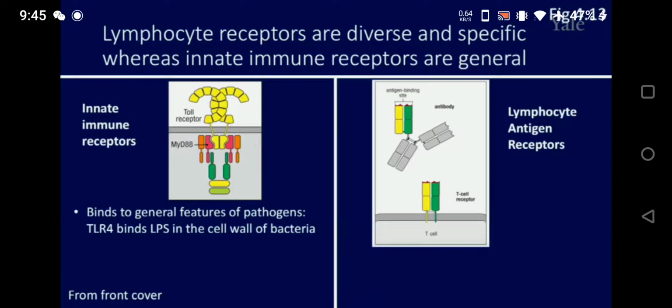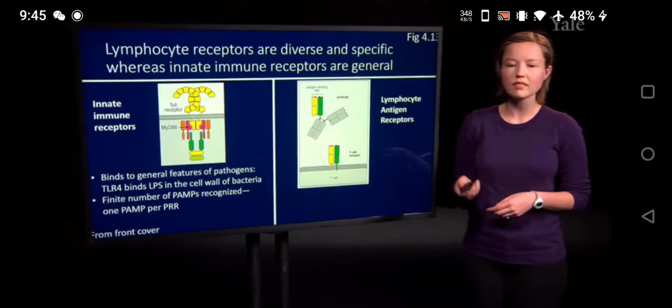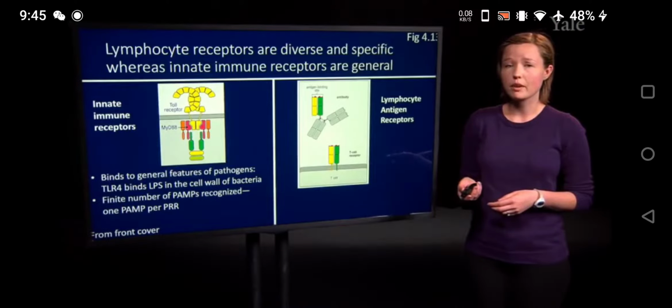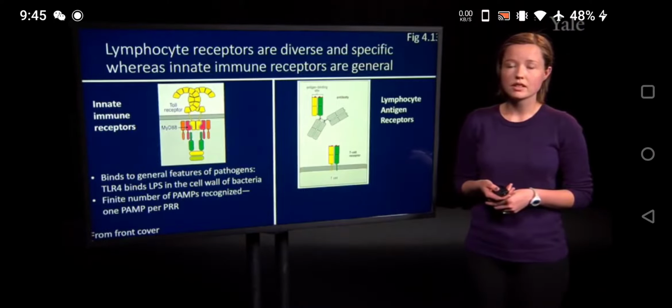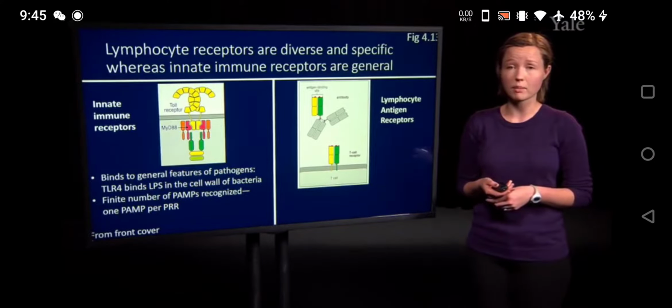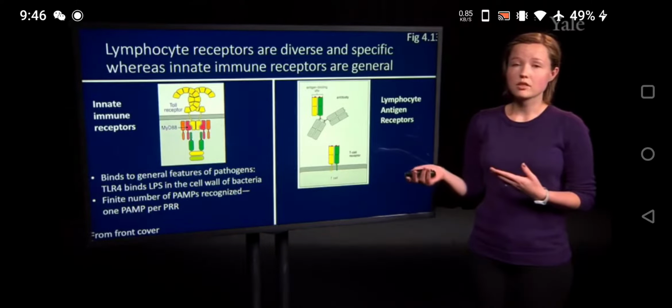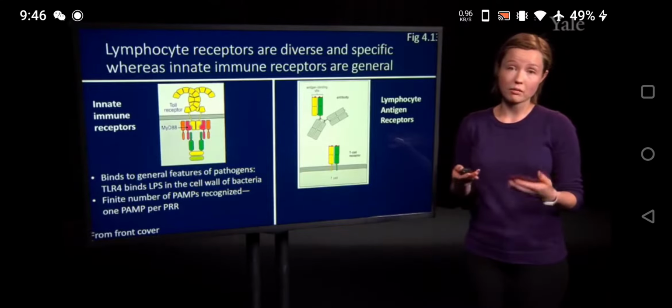This is a way to provide broad protective immunity that's more general as opposed to recognizing specific things that are attributed to specific types of pathogens, such as influenza virus, for example. And the other thing to remember about innate immune receptors is that they recognize a finite number of these pathogen-associated molecular patterns, and that's because they're encoded in the genome. Since these receptors are encoded, that means that they can only recognize what our genome accounts for.